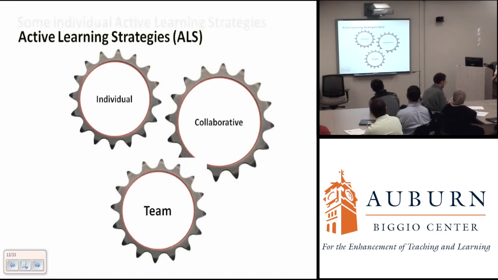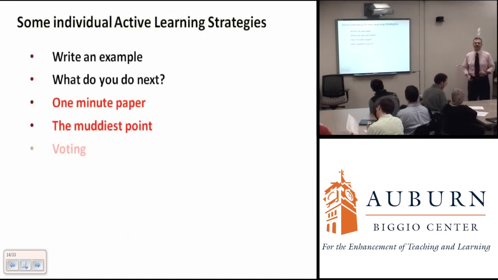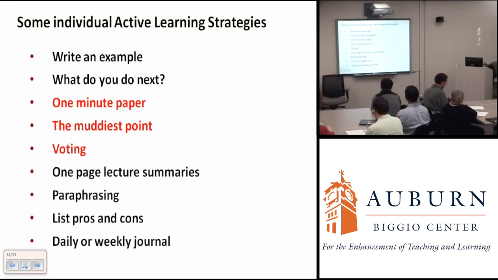Just real quick, there are some examples of the individual activities. And the ones in red, hopefully we can cover today. We'll not be able to cover everything today, but we'll try to cover as many as possible. 1-minute paper. How many of you are familiar with any of these? Okay, 2, 3.